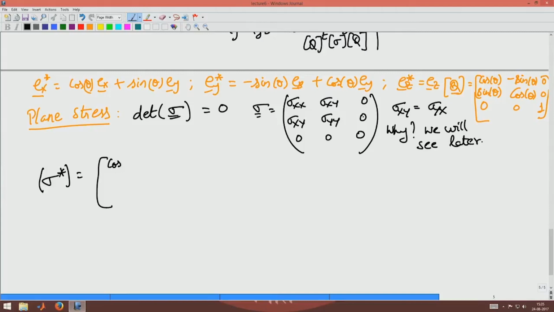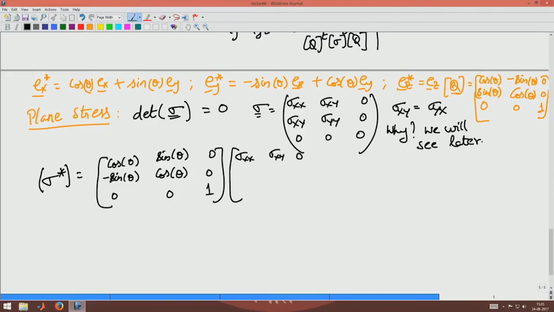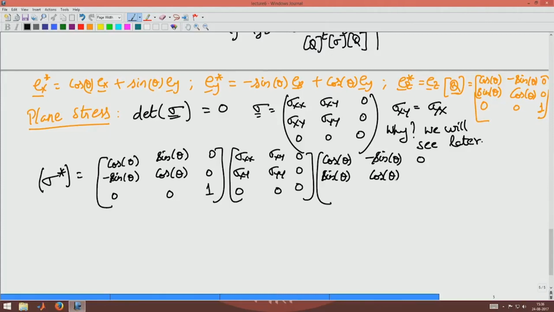Q transpose would be cos theta, minus sin theta, 0, sin theta, cos theta, 0, 0, 0, 1, multiplied by sigma xx, sigma xy, 0, sigma xy, sigma yy, 0, 0, 0, 0, into cos theta, minus sin theta, 0, sin theta, cos theta, 0, 0, 0, 1. This is Q. So, let us first do these two multiplications.